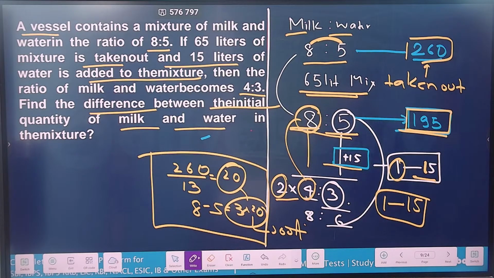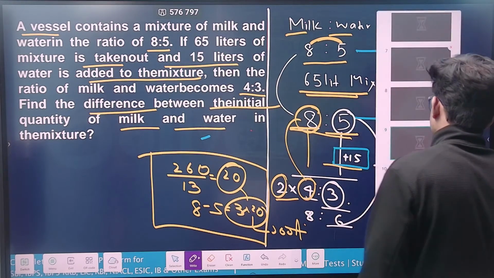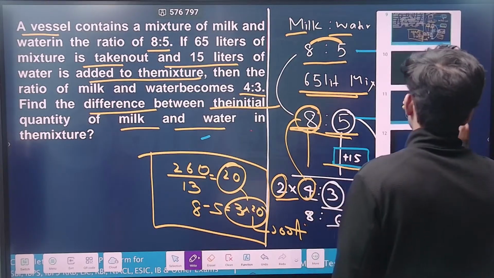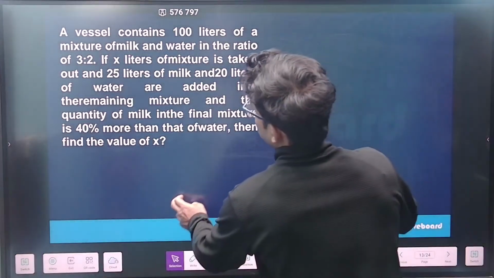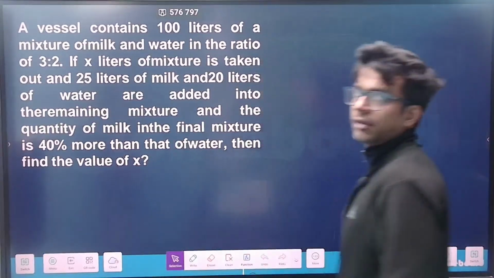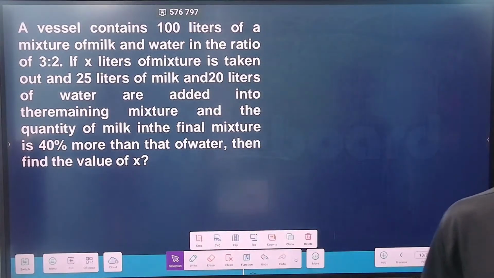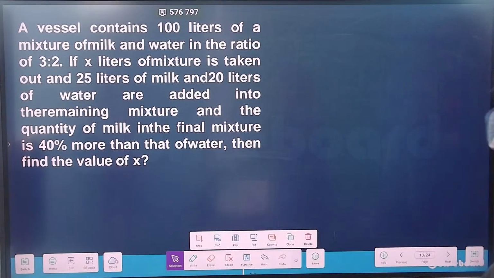So let us now go to the next problem, which is a fresh problem that will be discussed right now. Come on, try this, guys. I'll give you the time, and on the basis of that time you can try this question. It's a very beautiful question, I would say.